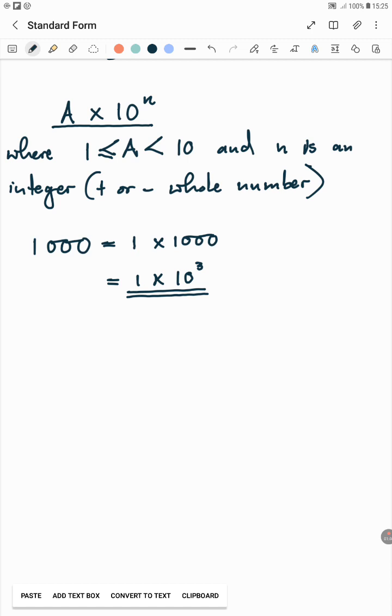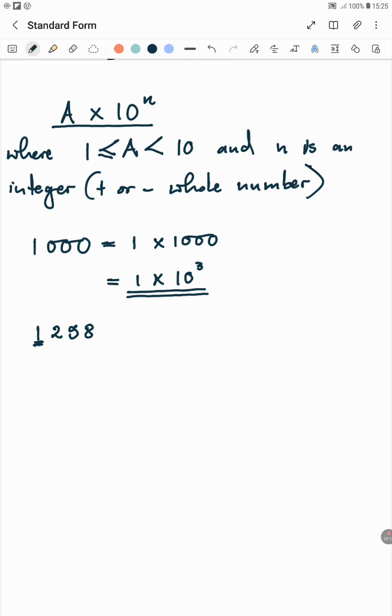So let's say we have a number 1258 and we are asked to express it in standard form. So what I want you to remember is this number here is under thousands.